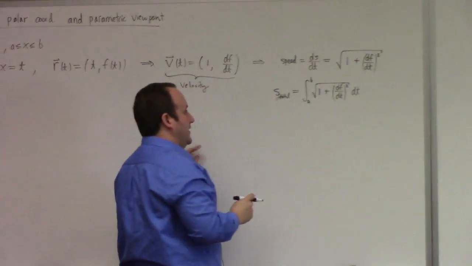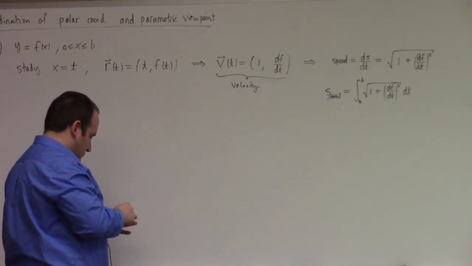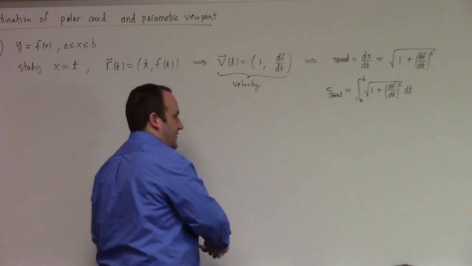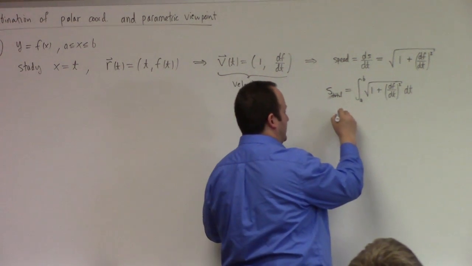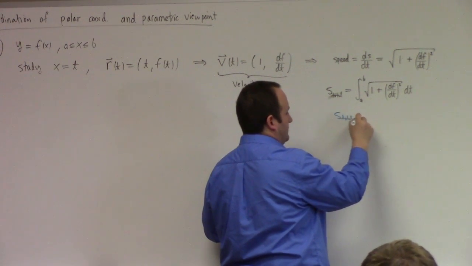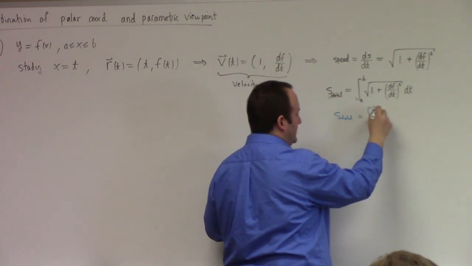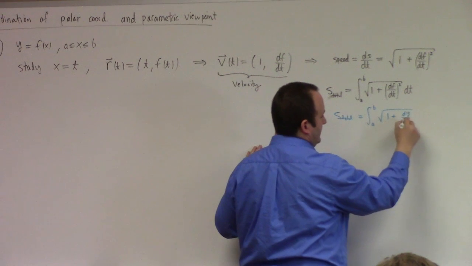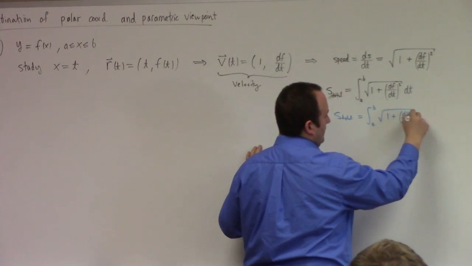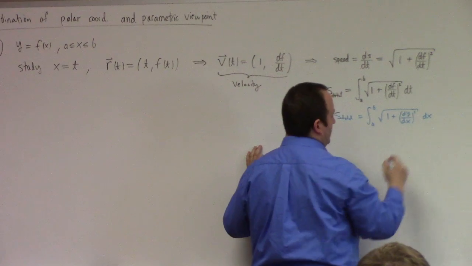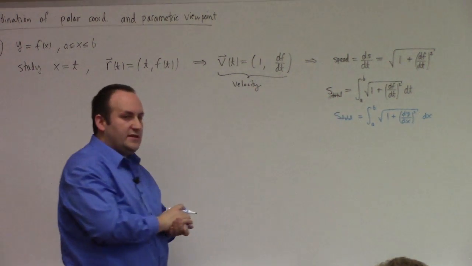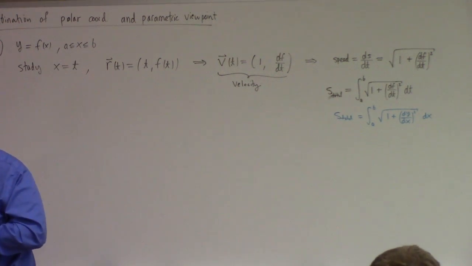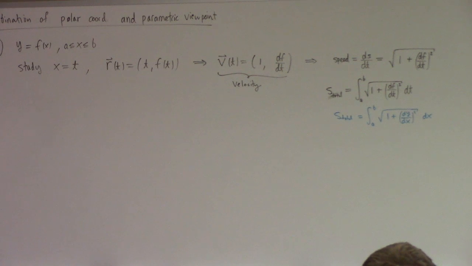Now, in this context, your textbook and other textbooks would tend to write this as S total equals the integral from a to b of the square root of 1 plus dy dx squared dx. That makes sense because x is equal to t here, so we can parameterize everything in terms of the x variable just the same. I just changed x to t to emphasize the viewpoint here.